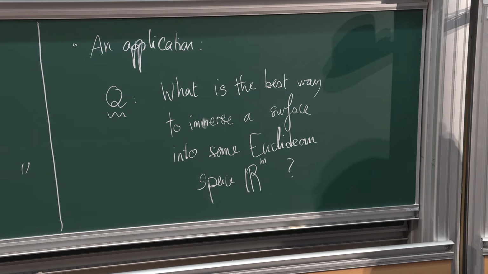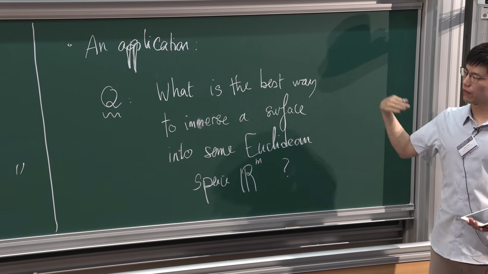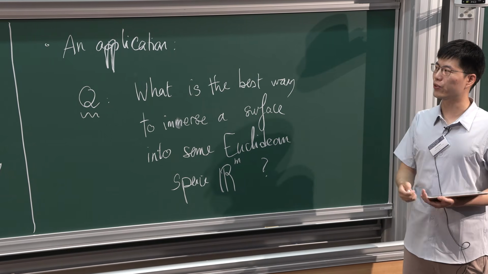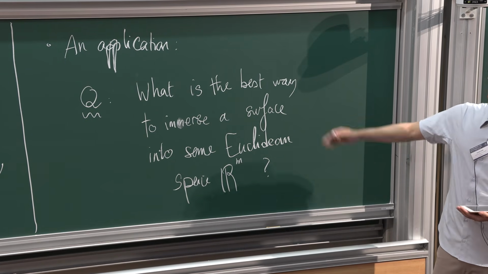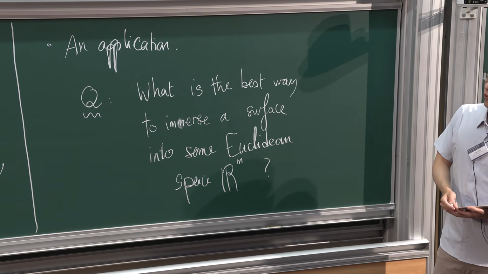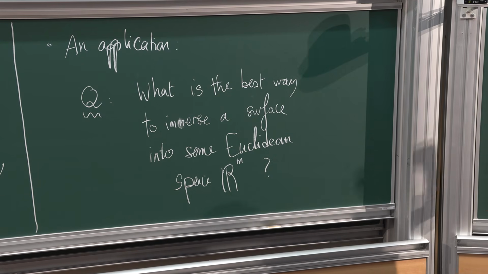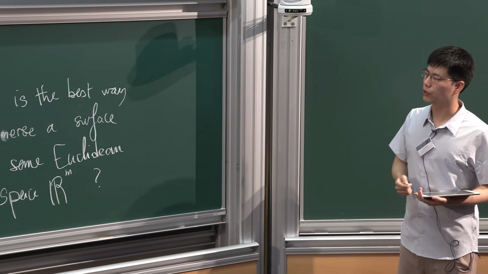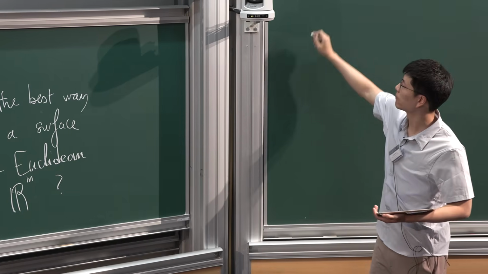Usually I like specific questions, but sometimes it's nice to have these very vague questions that summarize a lot of results in some specific direction. So part of the job is to define what you mean by best. And let me give you some examples of notions of good ways of immersing a surface into a Euclidean space.